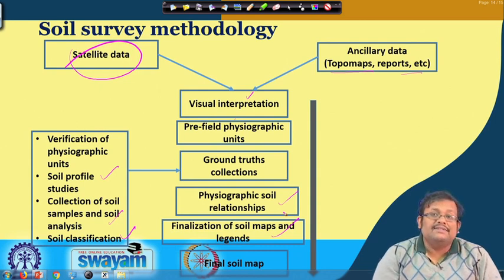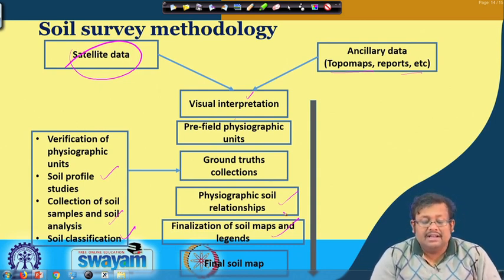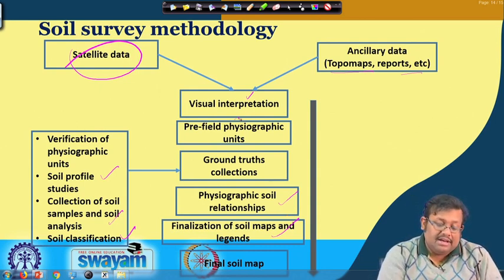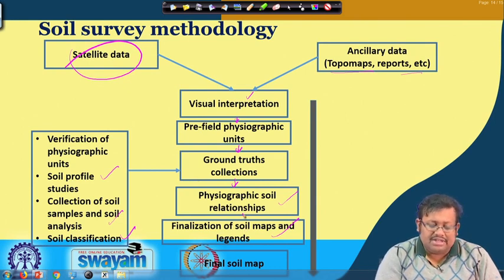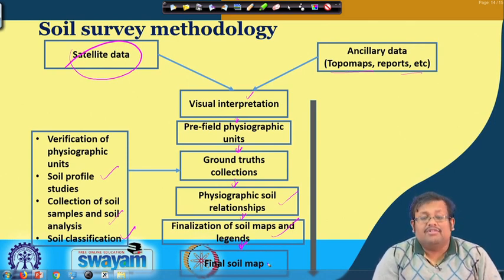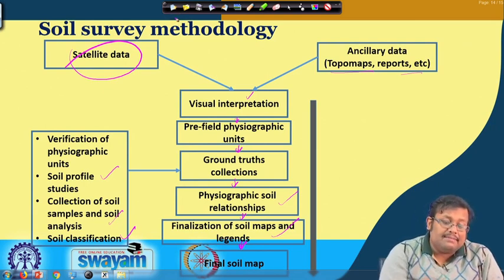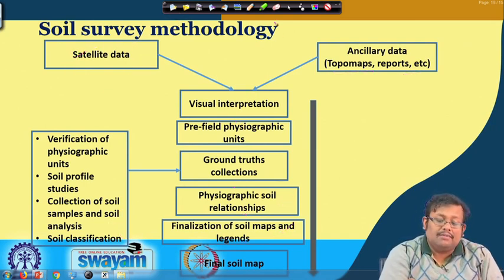So, it starts with the satellite data and ancillary data, then we do the visual interpretation, and then we develop the pre-field physiographic units, and from there we do the different types of ground truth collection. Then we develop the physiographic soil relationship, finalize the soil maps and legends, and produce the final soil map for subsequent use by different stakeholders. So, these are basically the steps of soil survey methodology, and we will discuss them in detail later on.